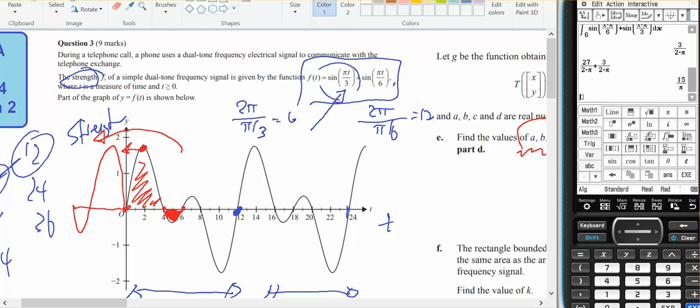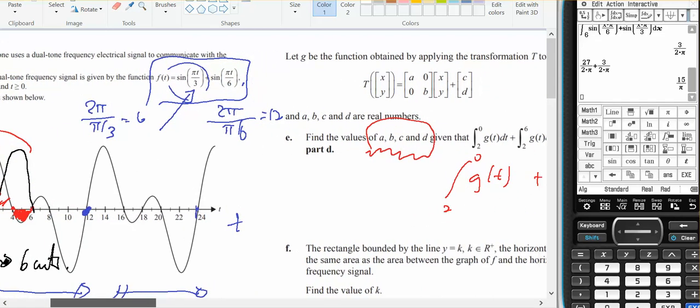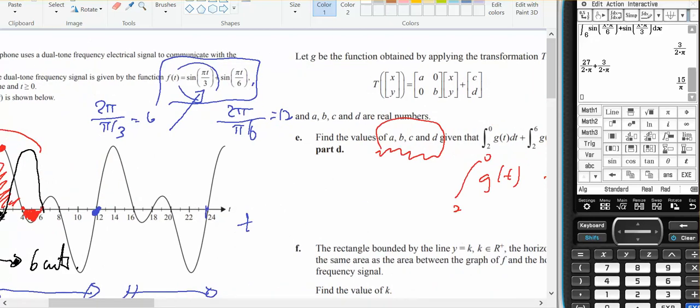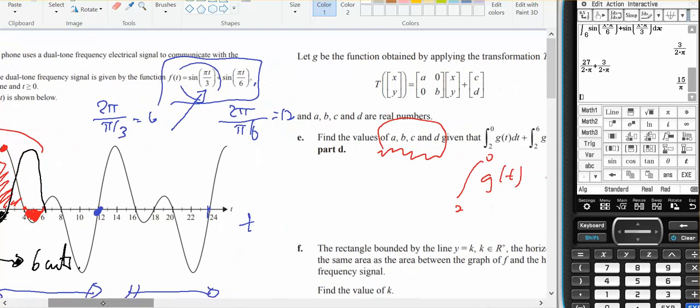And this value over here would be -6, -4. And then if I move everything to the right 6 units, then I would end up with that looking like this. And that makes sense that I'm going from 2 to 0, which will give you this area here but turn it into positive, and 2 to 6. So I'll just confirm that.